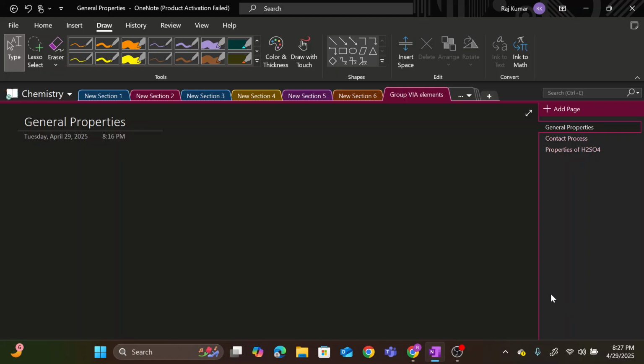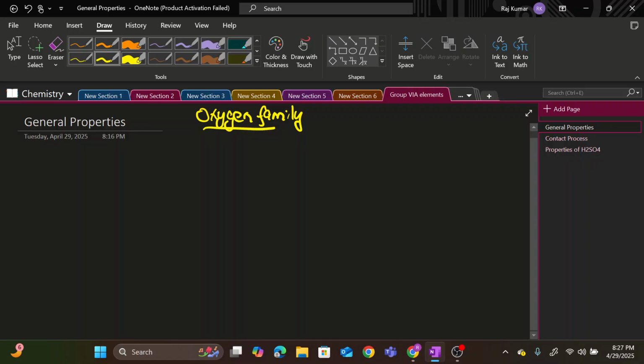In group 6A elements, we have group 6 elements, also known as the oxygen family. The elements are oxygen, sulfur, selenium, tellurium and polonium.